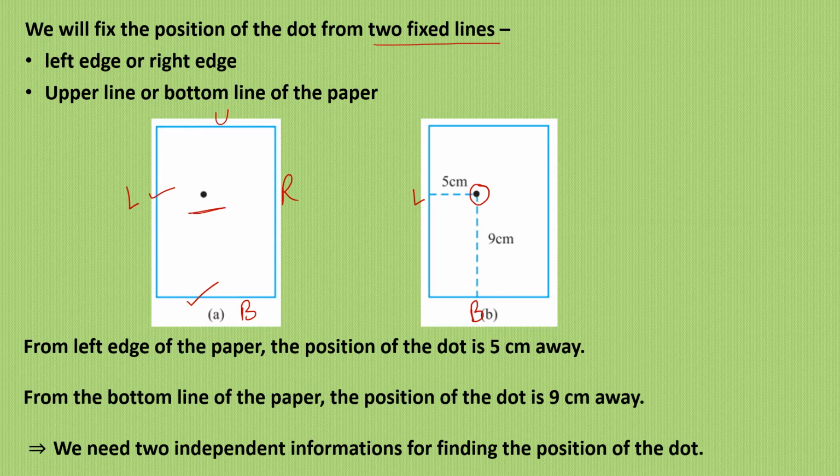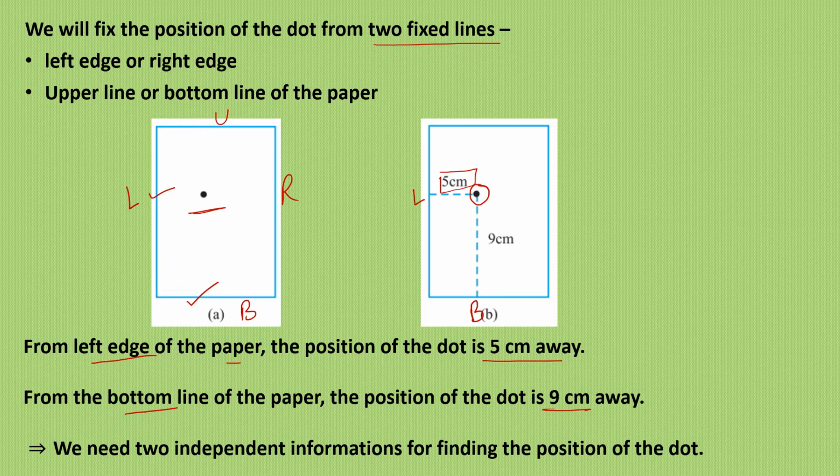Now it is written, from the left edge of the paper, the position of the dot is 5 centimeter away. That means this dot is 5 centimeter away from the left edge, right? And from the bottom line of the paper, the position of the dot is 9 centimeter away.